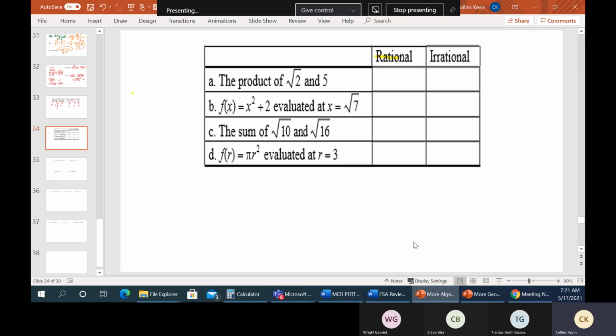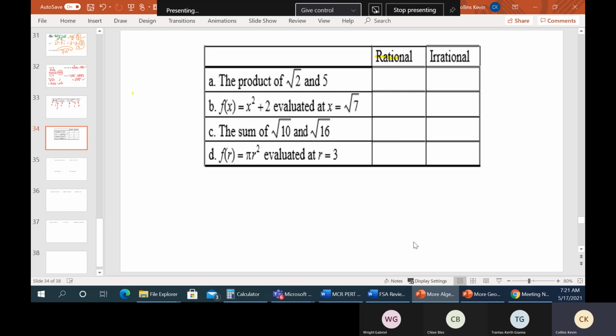All right, so the first one says the product of the square root of 2 and 5. That would just be 5 times the square root of 2, right? So the question is the square root of 2: is 2 a perfect square? And the answer is no. So should we go rational or irrational on that one?